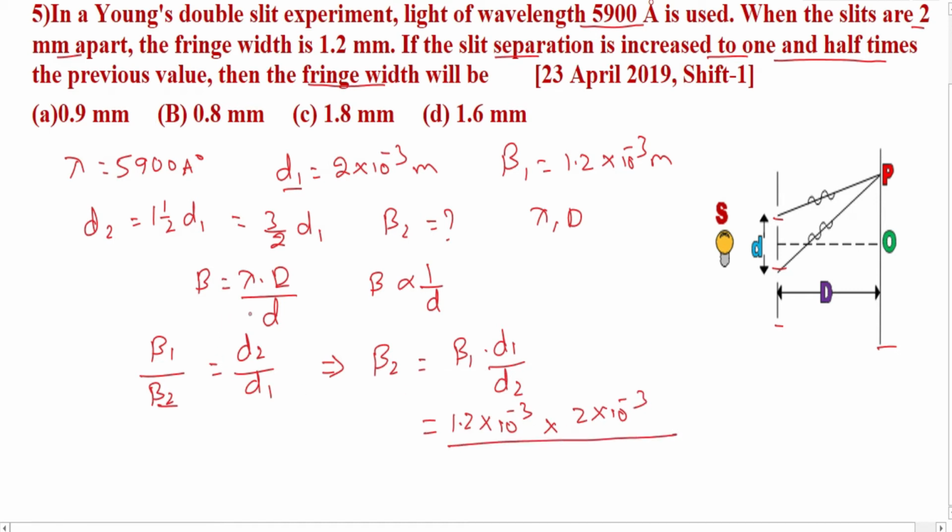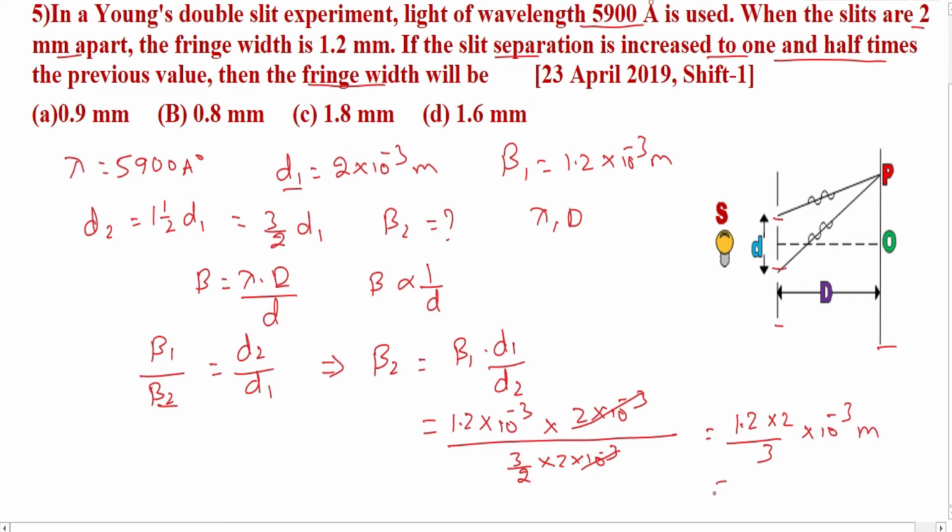He gave the value of D2 as 3 by 2 times D1, that is 2 into 10 power minus 3. This will get cancelled. Then I get 1.2 into 2 by 3 into 10 power minus 3 meters.